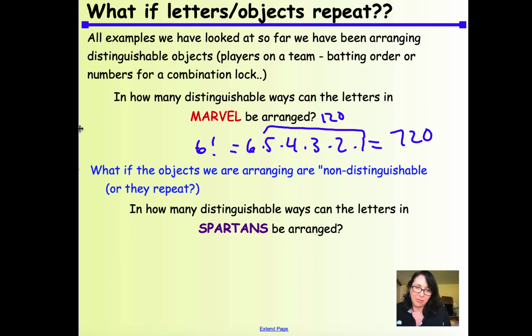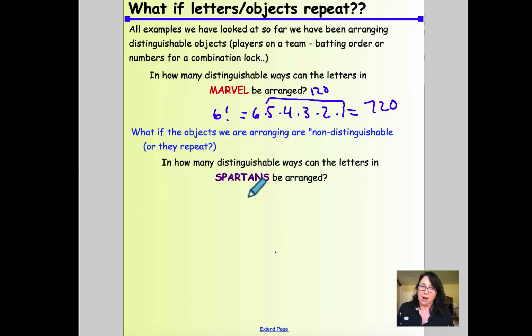But what if some of my letters are repeating? That's what you have to think about: what happens when my letters repeat. And that is going to be where order matters. So we have to think about the word Spartans. We've got 1, 2, 3, 4, 5, 6, 7, 8 letters.